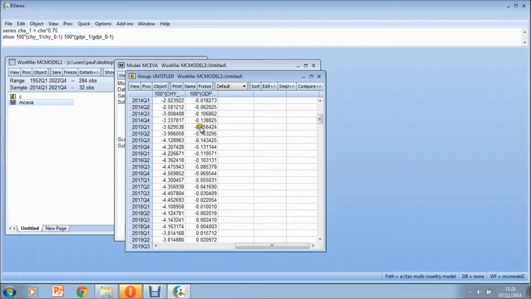We note that there are very substantial effects on the Chinese economy, with the maximum effect coming after 12 quarters where Chinese GDP falls by about 4.5%. There's a much smaller but also negative effect on the US economy.